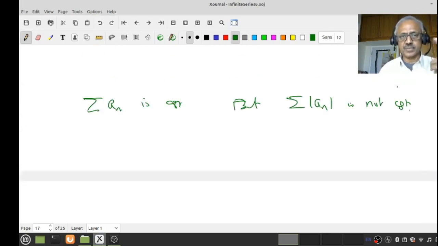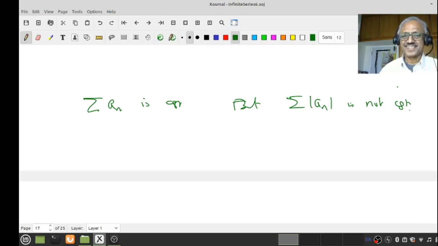If the series is absolutely convergent, it is convergent. But if the series is convergent, it may not be absolutely convergent. Please compare this with sequences. If an converges to a, then |an| converges to |a|, but if |an| converges to |a|, that does not imply an converges to a. You see that there is a mismatch in these two results.